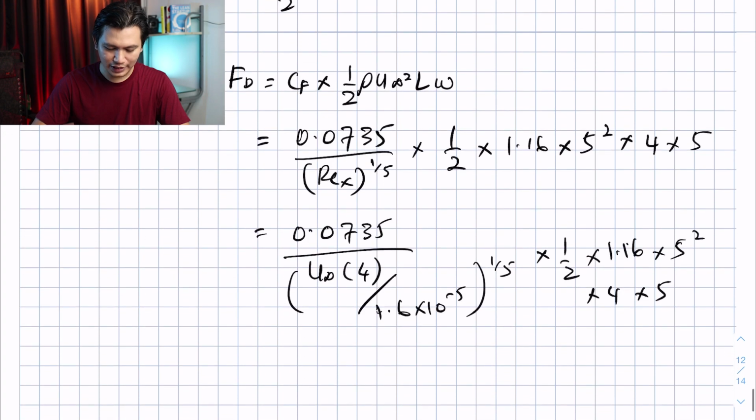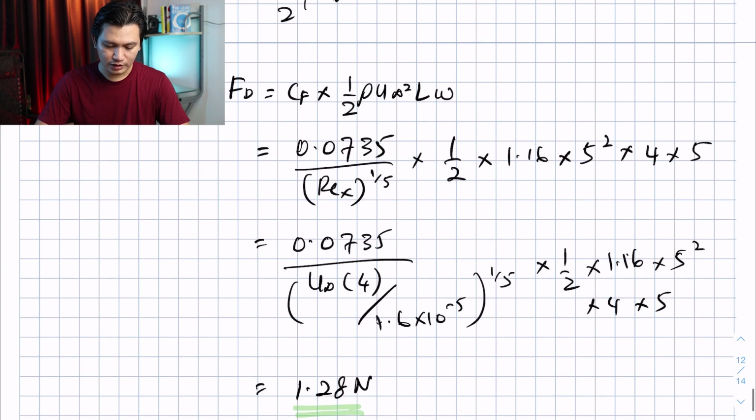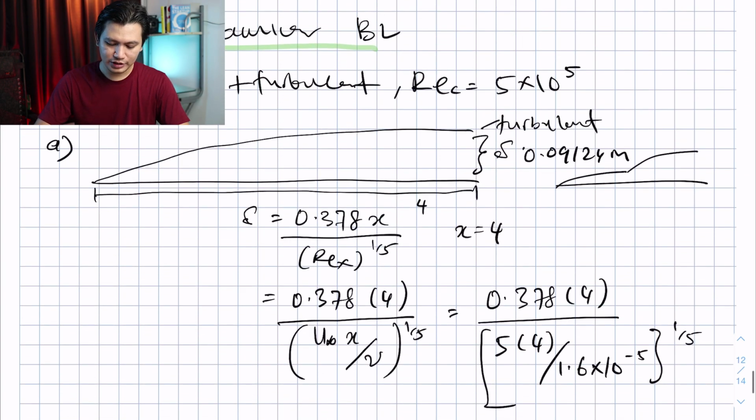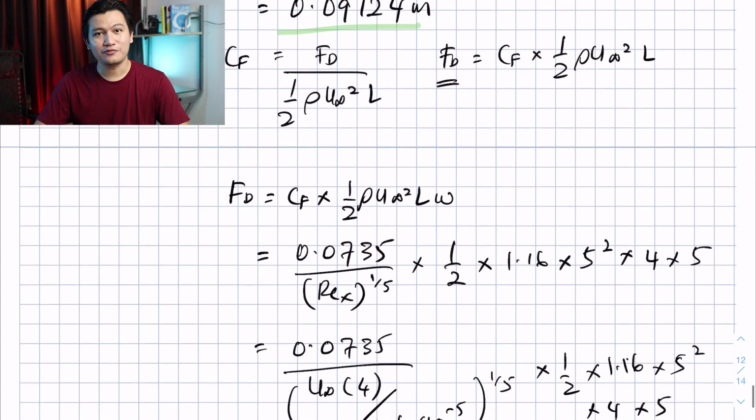Alright, and you will end up with 1.28 Newton. Okay, and that's it, guys. That is your drag force due to the turbulent boundary layer on top of the surface. So there you go. You've settled case A, which is the del and also the drag force.